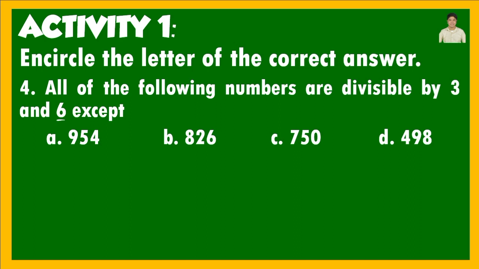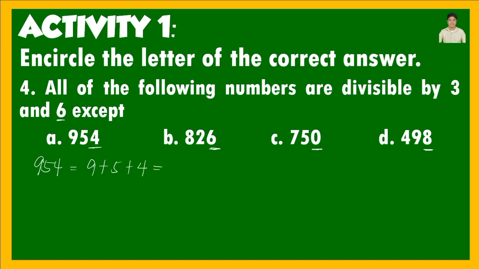So, divisibility ng 6, kailangan divisible by 2 siya and 3. Okay. So, kung titingnan natin yung mga choices natin, nag-end lahat sila sa even number. So, ibig sabihin, pasok sila dun sa 2. Okay. So, check natin ngayon yung sa 3. I-add natin yung mga digits. So, we have 954. That is 9 plus 5 plus 4.